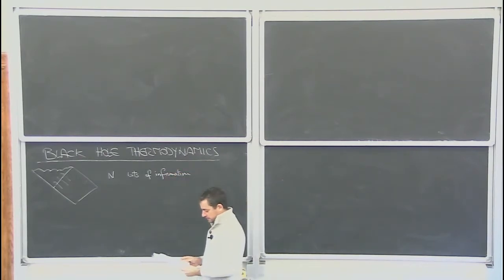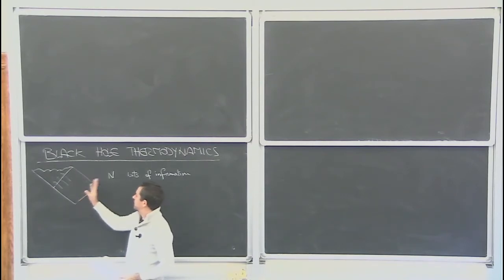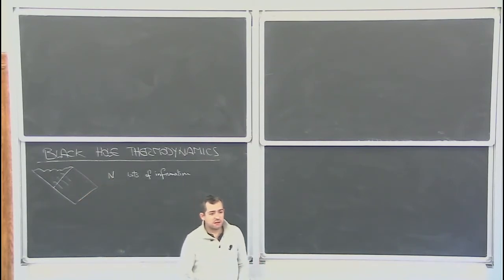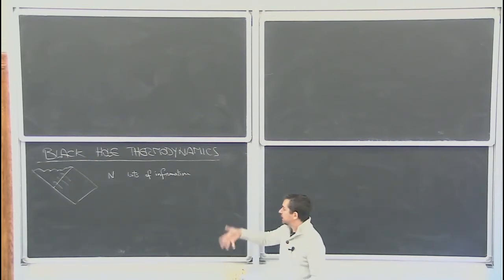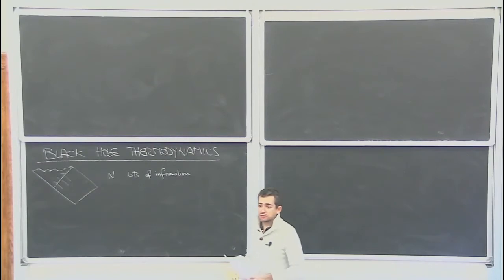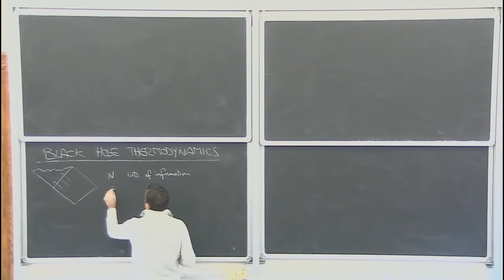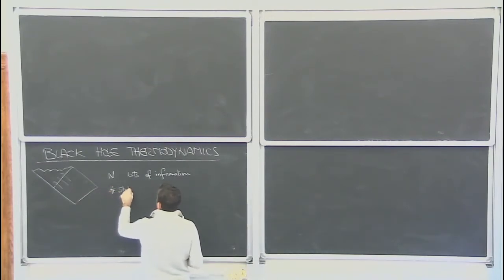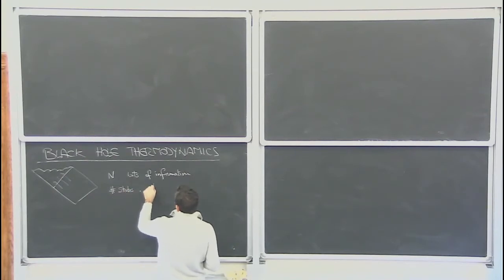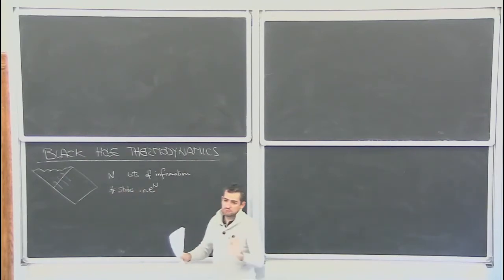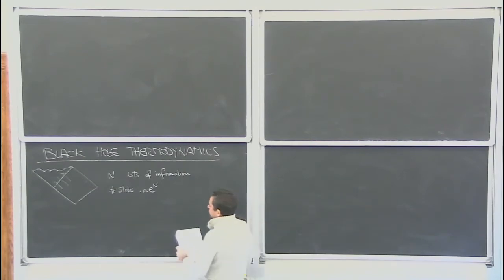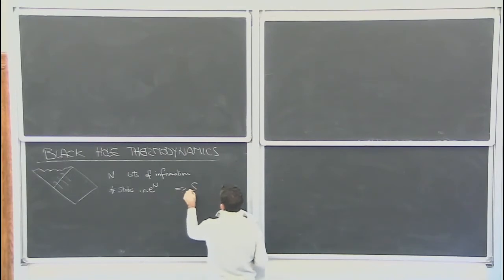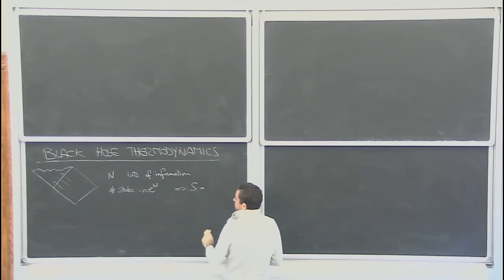The number of states that is associated with this object is growing exponentially in n. If this were spin up and down, it would be 2 to the n. So it's exponential in n. Let me just write roughly, we want to make some rough argument only, the number of states is e to the n. So the entropy S, that is the log of the number of states, will be proportional to n.